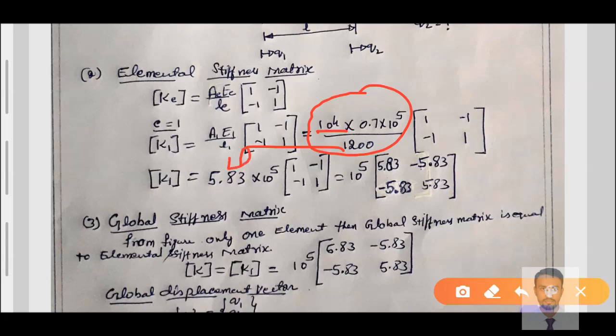5.83 into 10 to the power of 5. This 5.83 is multiplied inside the matrix, with 10 to the power of 5 taken common, then 5.83 minus 5.83, minus 5.83 plus 5.83.